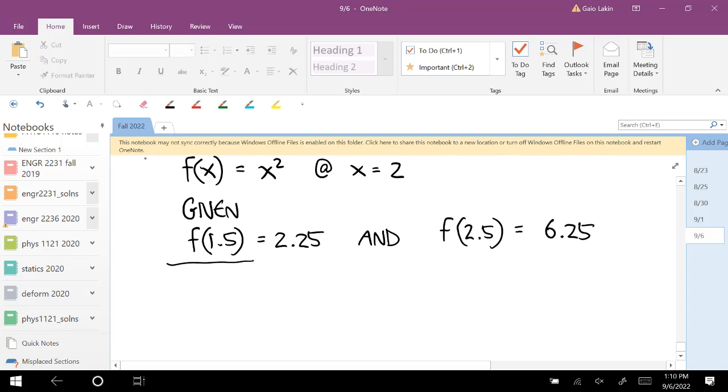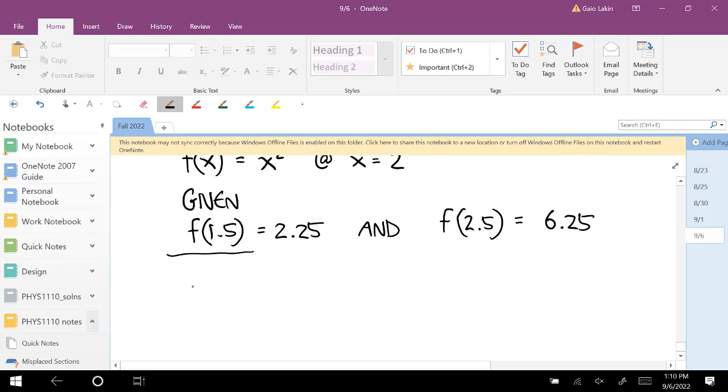Okay, so let's use that formula. So the function when x is equal to 2 is equal to the function when x is equal to 2.5. So that's 6.25. Minus the function value at 1.5.